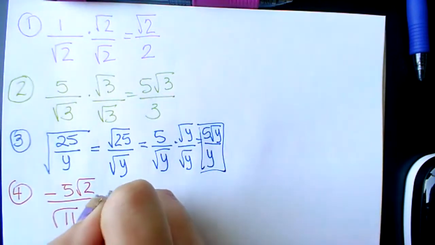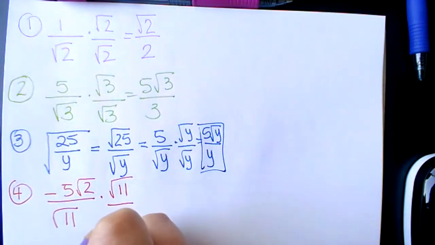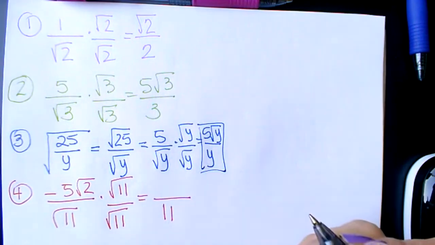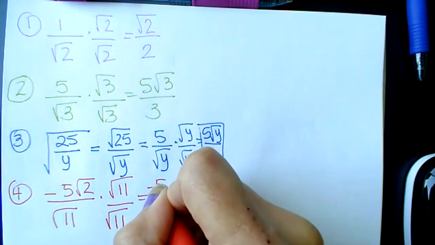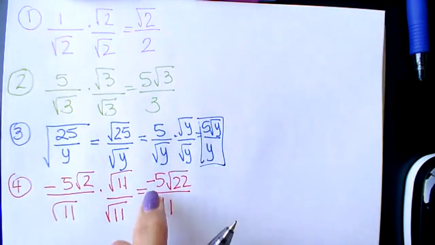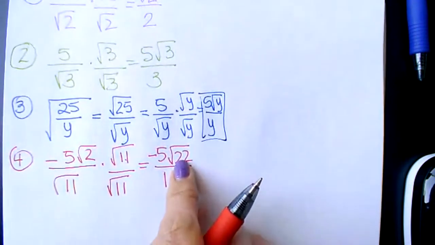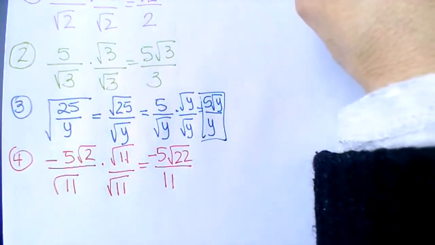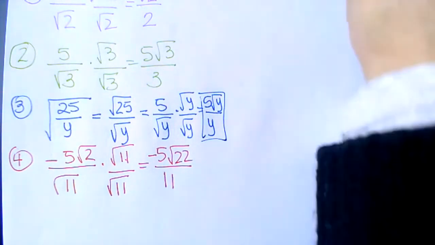What do we do? Make it a perfect square by multiplying by the square root of 11. So what do I get here on the bottom? 11. And this is going to be negative 5 times the square root of 22 divided by 11. Okay?